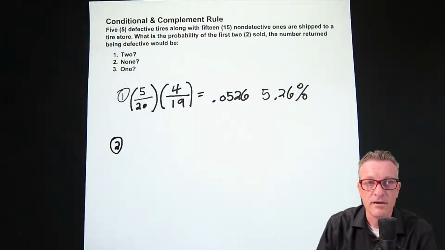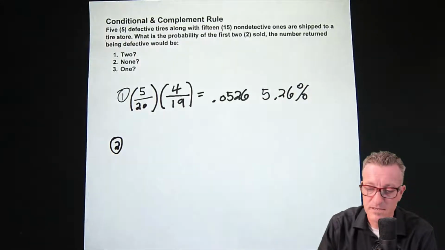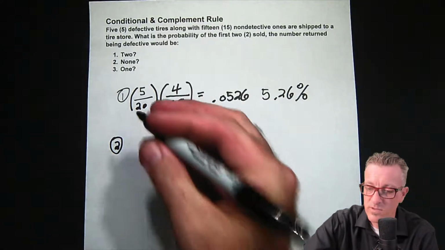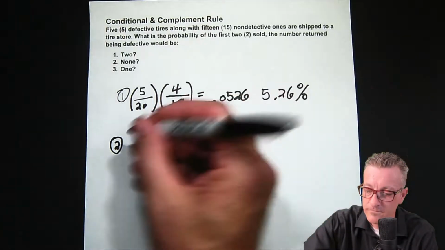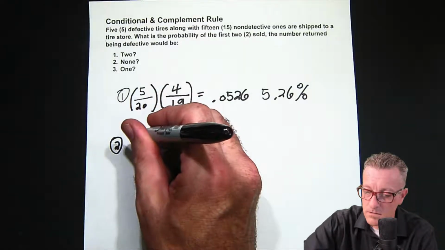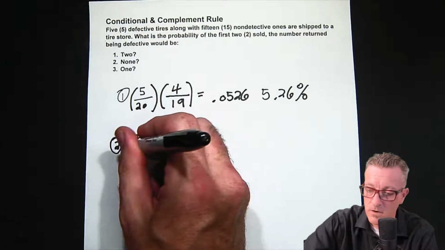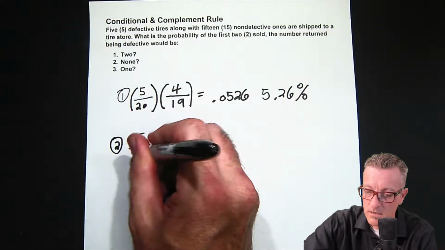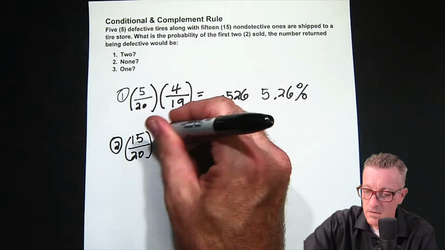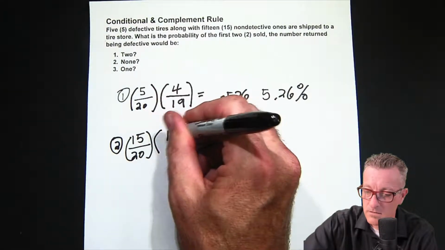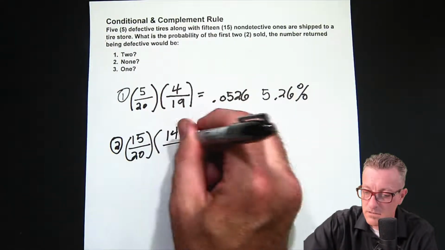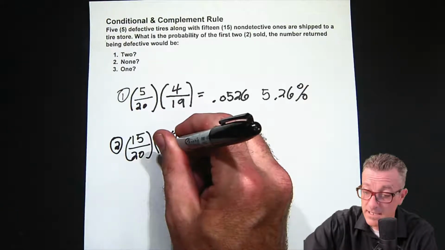Okay. And then number 2, we're looking for none. So it's essentially the opposite. So for this one, we're looking for the 15 good ones over 20, and then 14 good ones over 19.